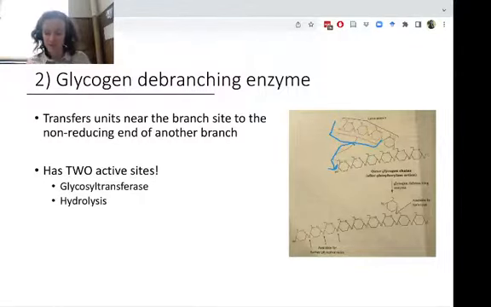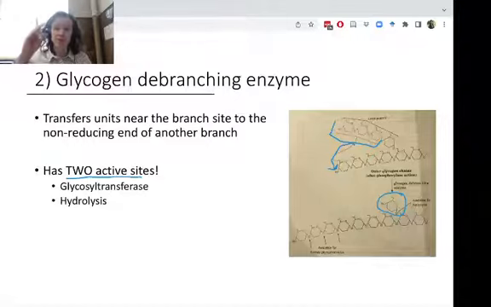Additionally, though, this enzyme can take this last remaining unit of glucose that's stuck and branched, and it can hydrolyze it right off. So this enzyme is super interesting because it actually has two distinctive active sites. One that performs this transfer mechanism, we call that a glycosyl transferase, and then a secondary active site that does the hydrolysis. I think that's pretty cool.